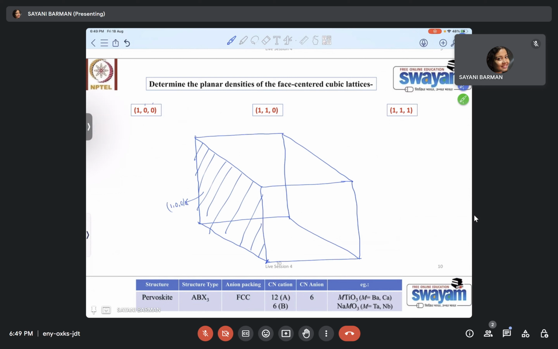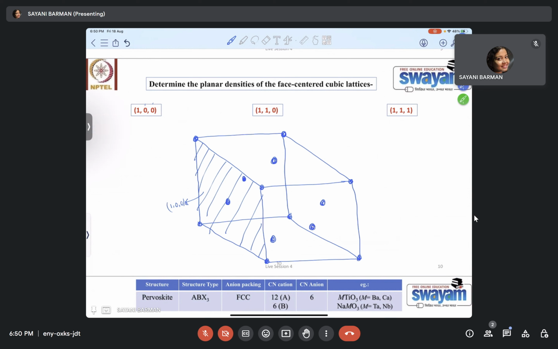Now it is face-centered cubic lattice. Okay, we'll first put 8 atoms in the 8 corners. Then on each face center, we'll be drawing one. Six, 1, 2, 3, 4, 5, 6.